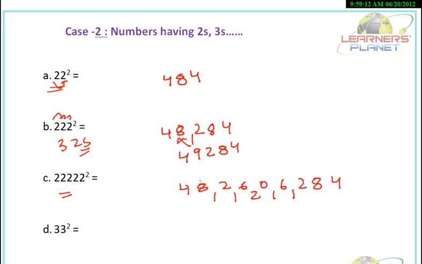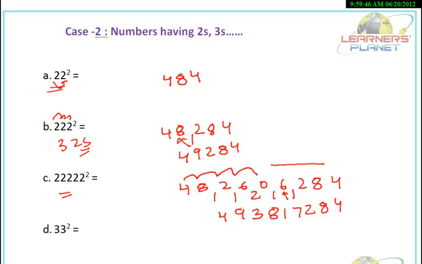So 4 2's are 8, 4 3's are 12, 4 4's are 16, 4 5's are 20. On both sides we observe the same pattern. So what will we be doing in the next step? We'll be adding the carryover to the next terms. So it's 4, 8, 2, 1 plus 6 is 7, then 1, 2 plus 6, 8, 1 plus 2, 3, 1 plus 8, 9, and then 4.